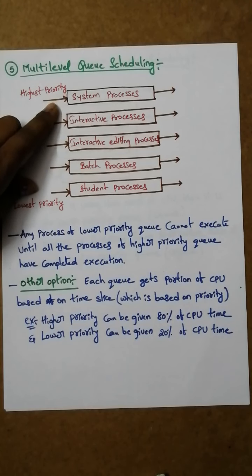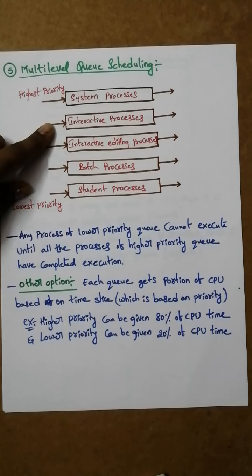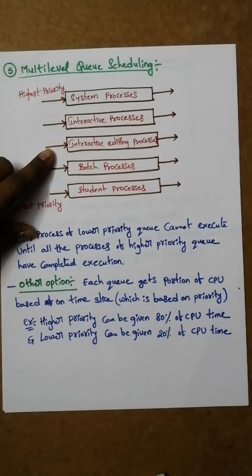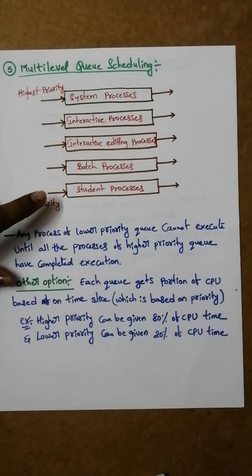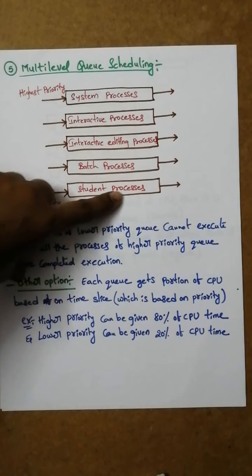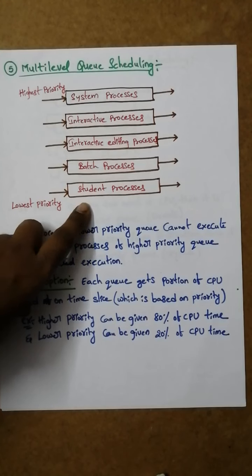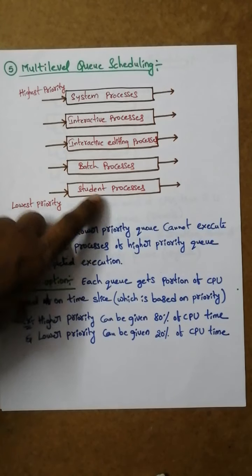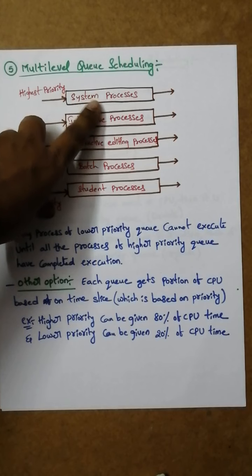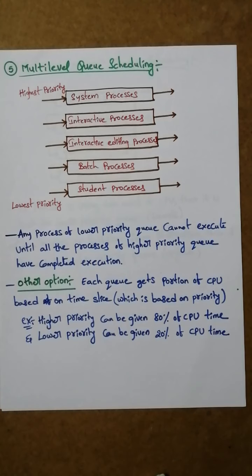The higher priority processes will be given 10 as the time slice, the next is 8, then 7, 6, and the last one is 4. Here all the processes in this queue will get a turn of 24 milliseconds each, whereas here everyone will get 10 milliseconds each. If you follow this, the drawback may be overcome to some extent. So this is multi-level queue scheduling.